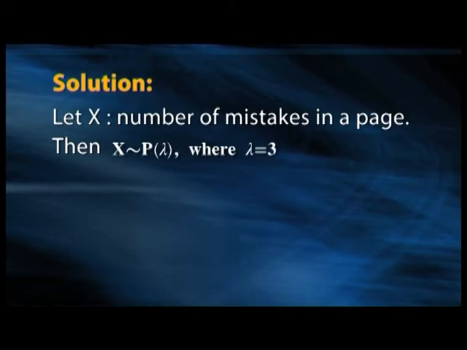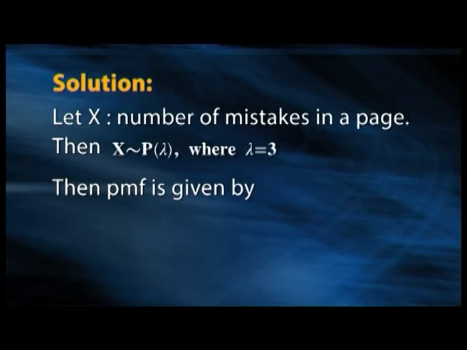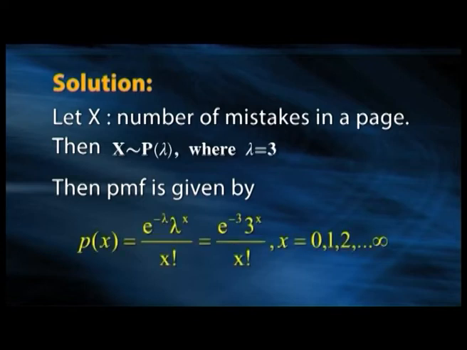Then x is a Poisson variate with parameter lambda is equal to 3. The probability mass function is given by p of x is equal to e power minus lambda into lambda power x divided by x factorial is equal to e power minus 3 into 3 power x divided by x factorial, where x takes values 0, 1, 2, etc., infinity.